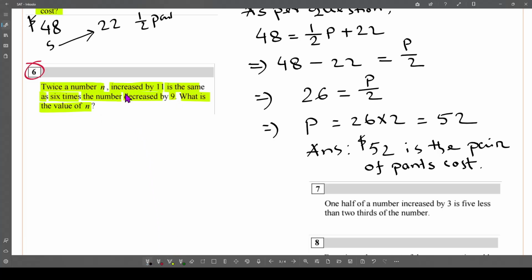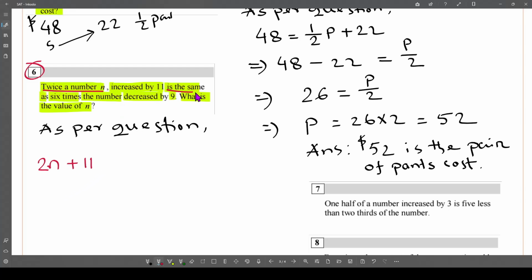So first, twice a number n, as per the question, it means 2n. Increased by 11 means plus 11.